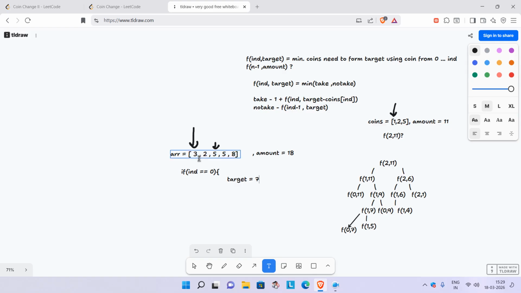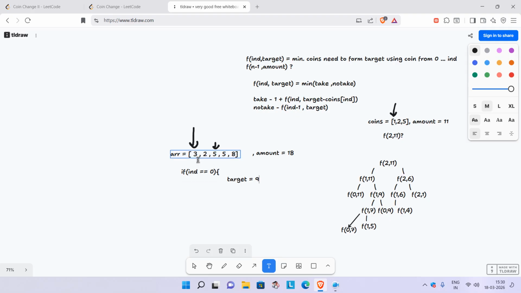You are standing at the 0th position, and it is not possible: you can use 3 many times, but we can't make the sum 7. Let's say it is given as 9 and you are standing at this 3. Then simply we can take 3 as 3, 3, 3, which means you can take the 3 three times.